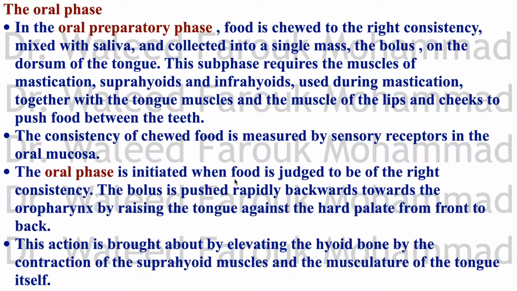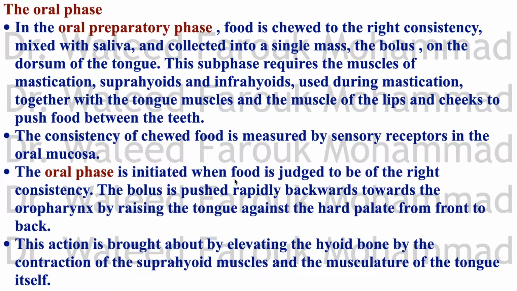Now, the consistency of the chewed food is measured by sensory receptors in the oral mucosa. The oral phase is initiated when food is ready to be swallowed, when food is judged to be of right consistency, and the bolus is pushed rapidly backwards towards the oropharynx by raising the tongue against the hard palate from front to back.